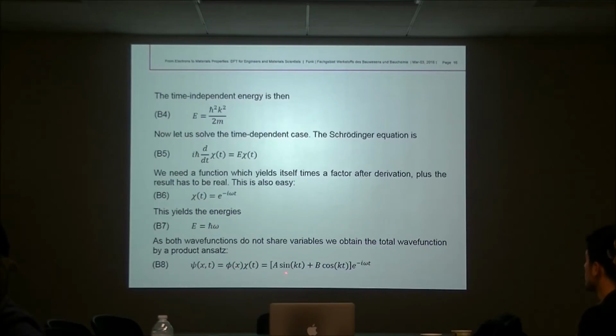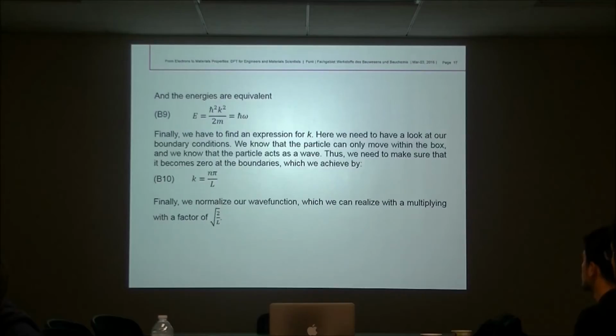With this product, we get our full wave function. What we can see is this is a vibration, and this is some kind of damping. In principle, something that looks a little familiar, right? And we know that those energies need to be equivalent.